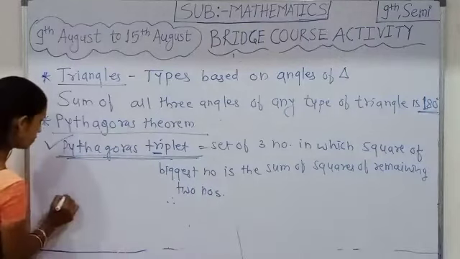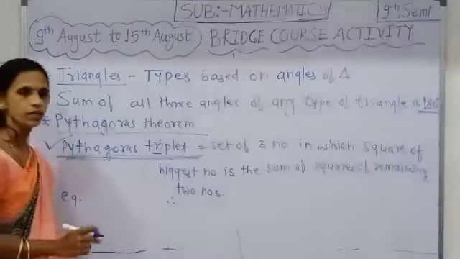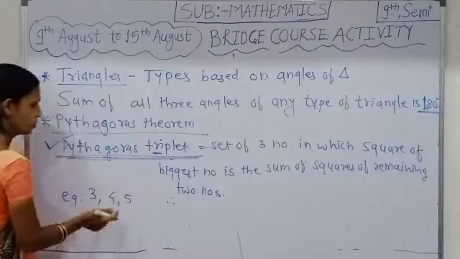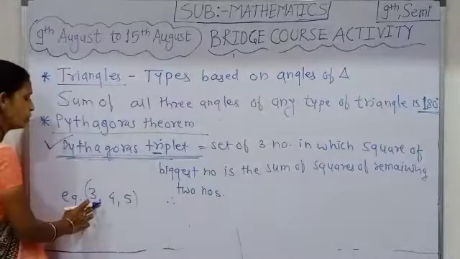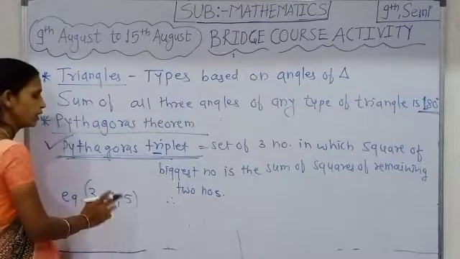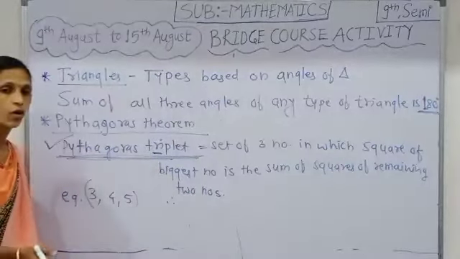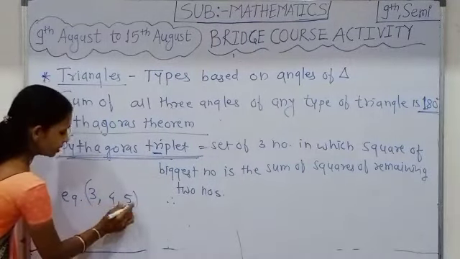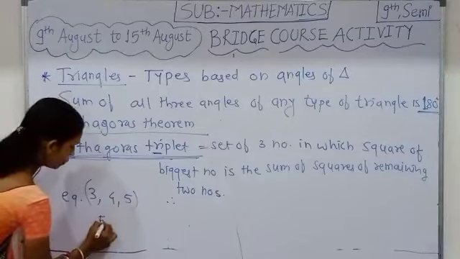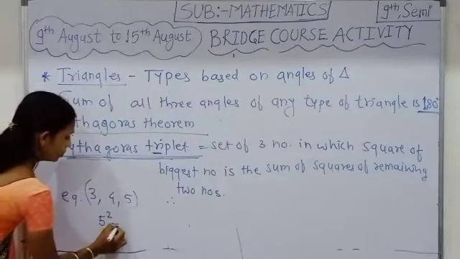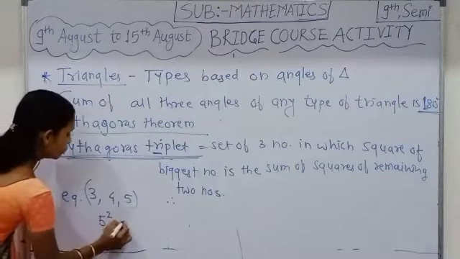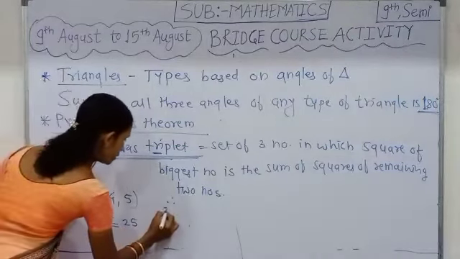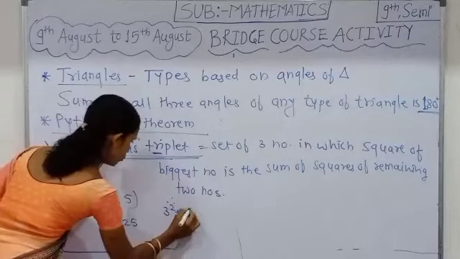Then for example, see here 3, 4 and 5. We have to determine whether that set is a Pythagorean triplet or not. First of all, see here, from this the biggest number is 5. Therefore, we get the square of 5, which is 25. And here 3 square plus 4 square.